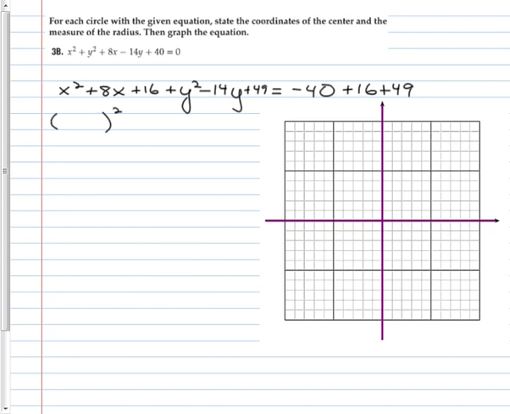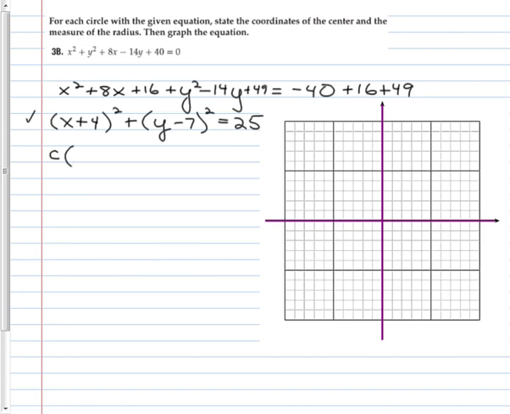How will they factor? X plus 4. Since that's a plus 8, half of that is a plus 4. Plus the y's? Y minus 7, quantity squared, equals 25. I have it in standard form.